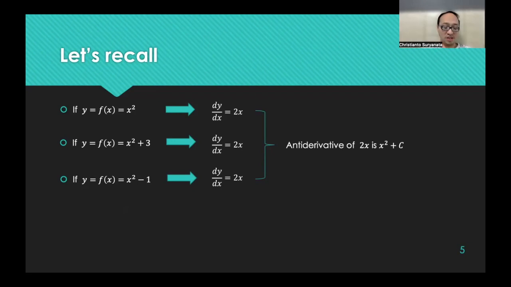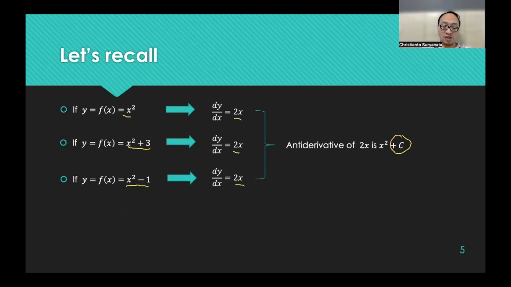Why do I put c here? c is a constant. We call it an arbitrary constant, because when I have x squared, the derivative is 2x. When I have x squared plus 3, the derivative is still the same. For x squared minus 1, the result is 2x, the same.